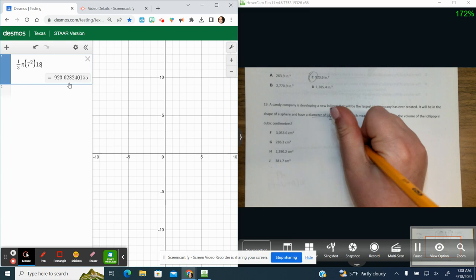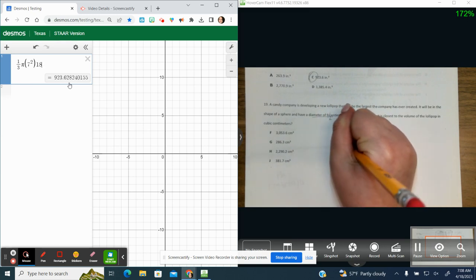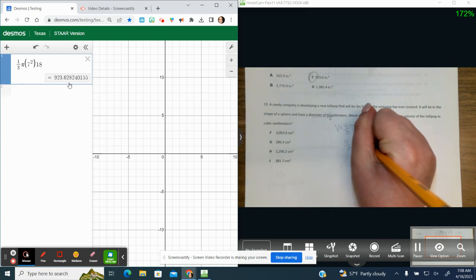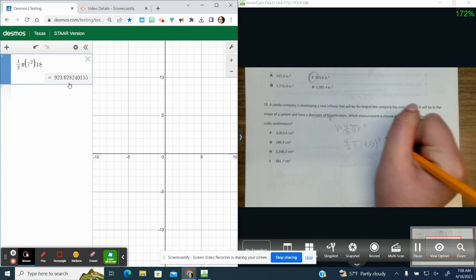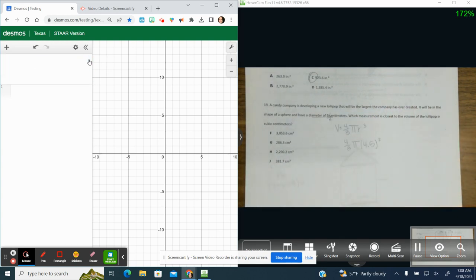So 9 divided by 2 is 4.5. So 4/3 pi 4.5 cubed. Remember to cube it, because if you square it, the answer is not there. 381.7, so answer choice J. Let's see what happens if we square it. Nope, it's not there.